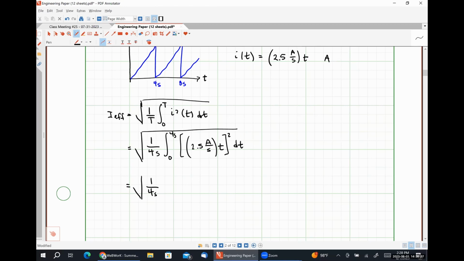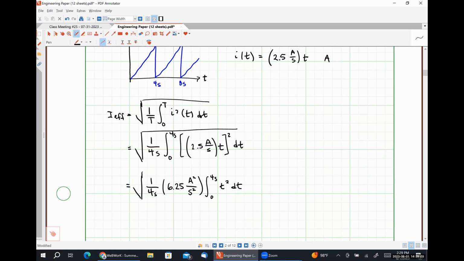Yep. And I'm going to have amps squared per seconds squared as my units. Now I have the integral from 0 to 4 seconds of just t squared.